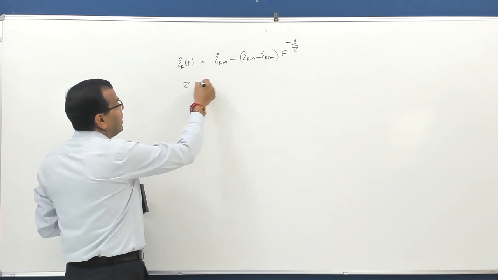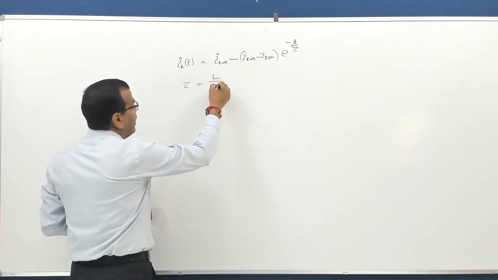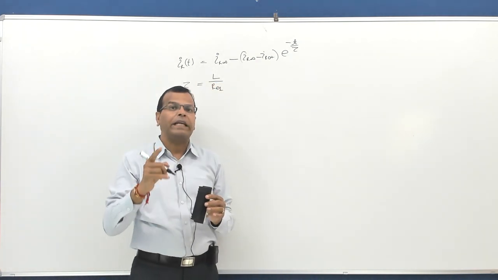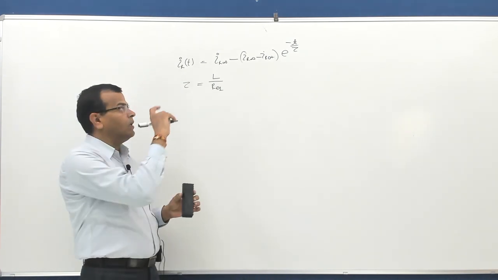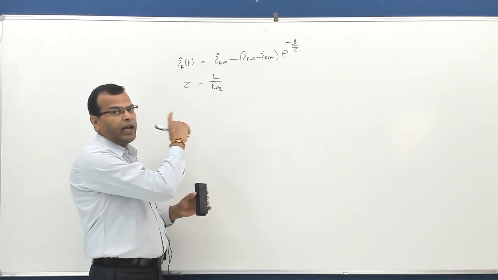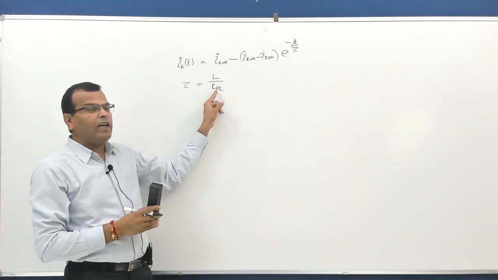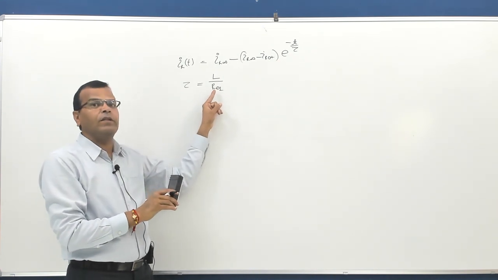Tau is nothing but L by R equivalent, that is time constant of the circuit. Remember the expression of time constant is same whatever we calculated in the previous expression of current through the inductor. R equivalent is resistance seen across the inductor terminals only.